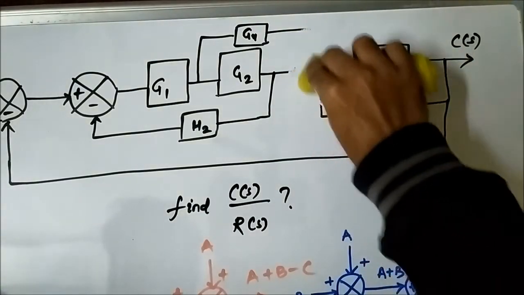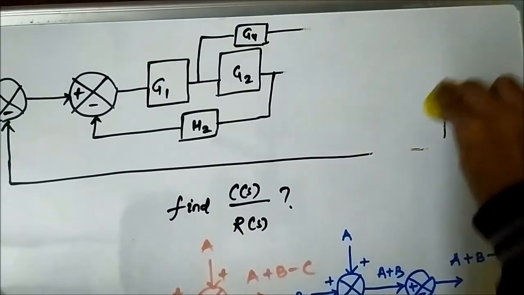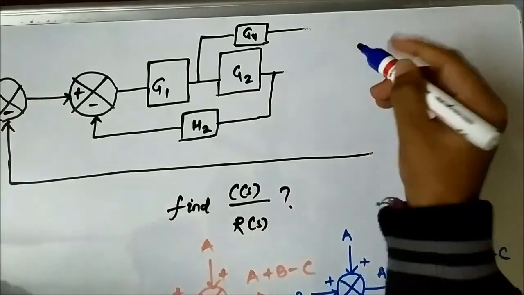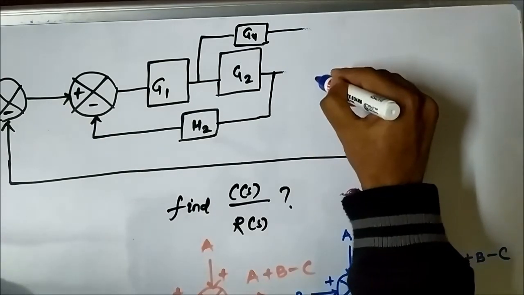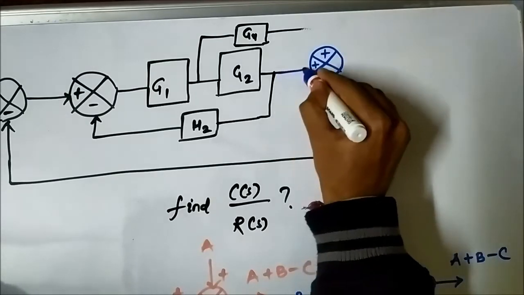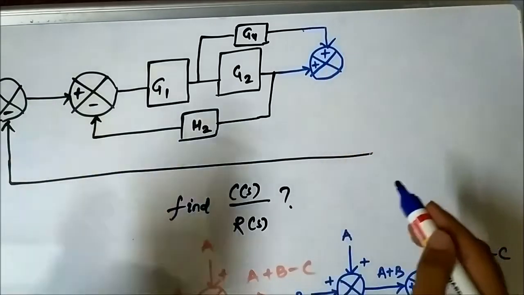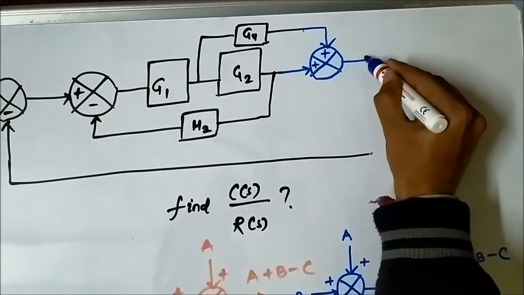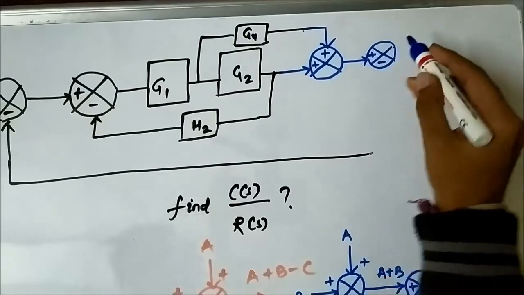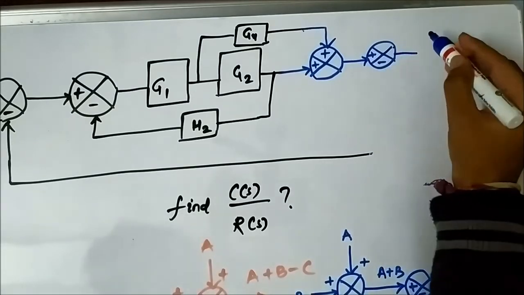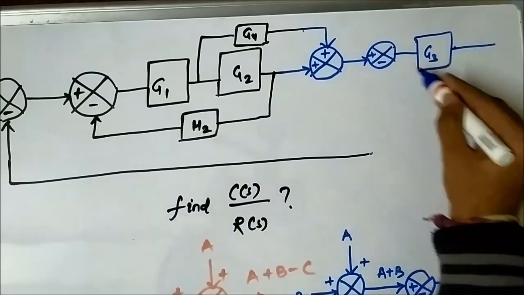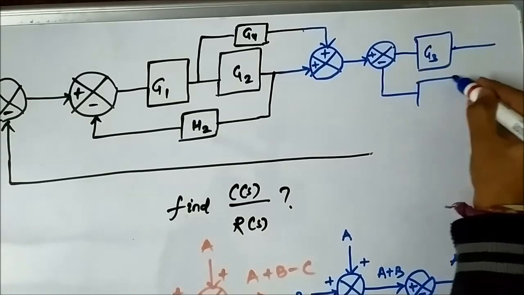I am going to change it here itself. So first is this and this, and then we have another, and then we have G3, this block, and the H3 in the feedback.